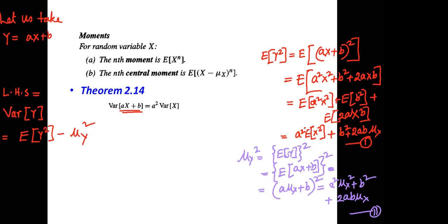Now in the left hand side, look at this. We have E of y square and mu y square, and we have found those two. Now if I put the values here, what is happening?